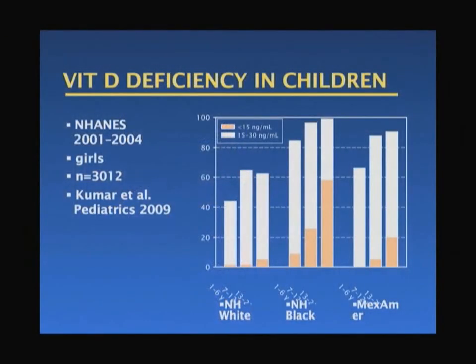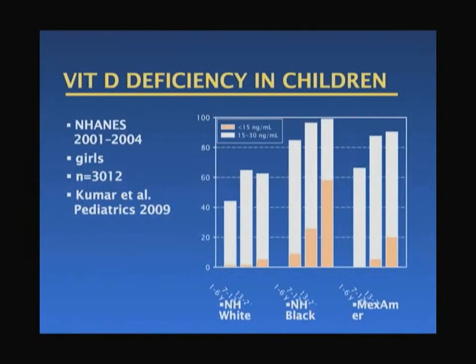This publication from the journal Pediatrics just last fall shows exactly the same phenomenon, but these are for children, non-Hispanic whites, non-Hispanic blacks, and Mexican Americans. These values in the peach colored are below the lower end of the reference range for NHANES, and those in white are below 30 nanograms per milliliter.